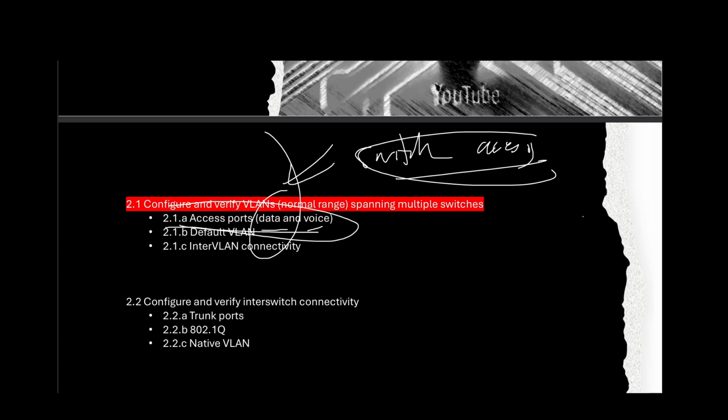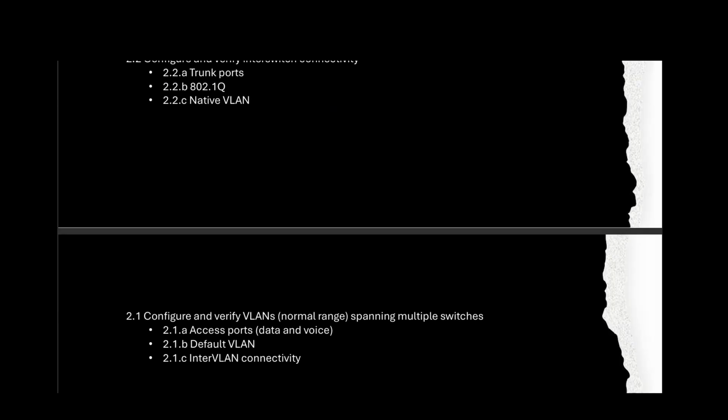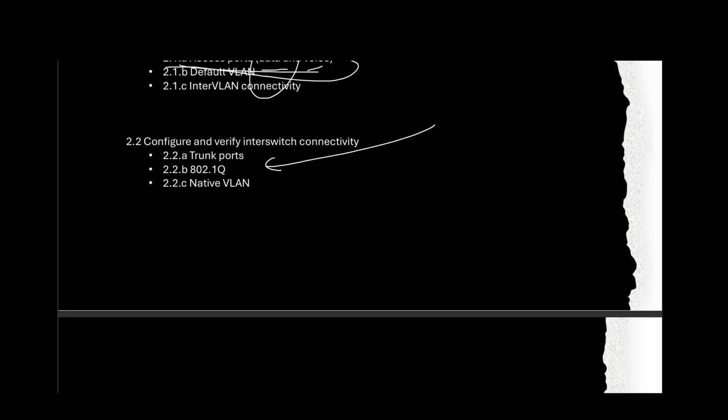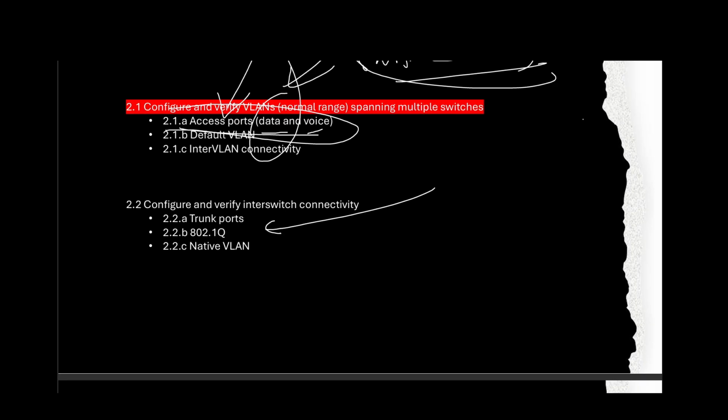And we know that there are two types of configuration on the ports. The first one would be the access port, and the second one would be the trunk port, like this one. The main difference between the two is that the access port by default only has a single VLAN connected to it.